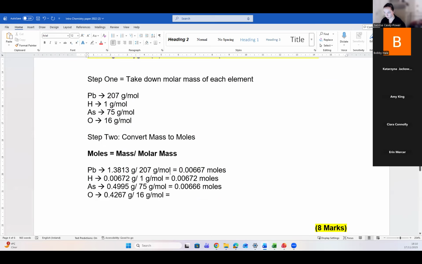That gives 0.02666875, that's too many, so we round it to 0.02666 moles. Perfect. We'll leave it there.